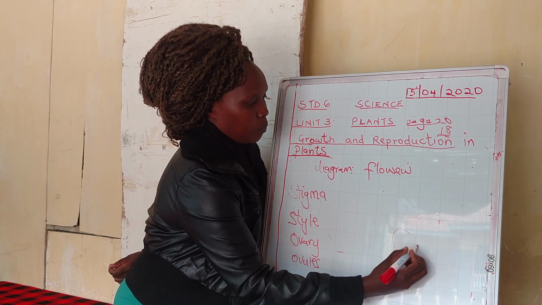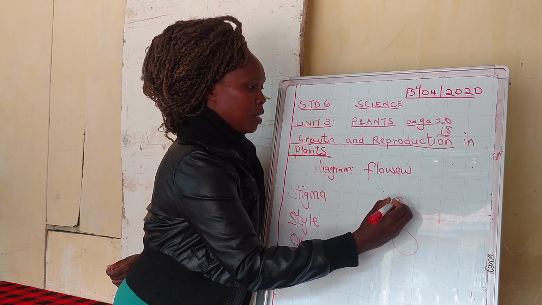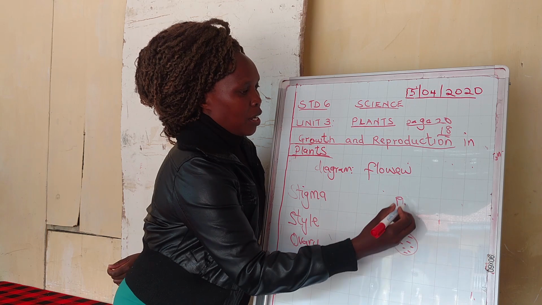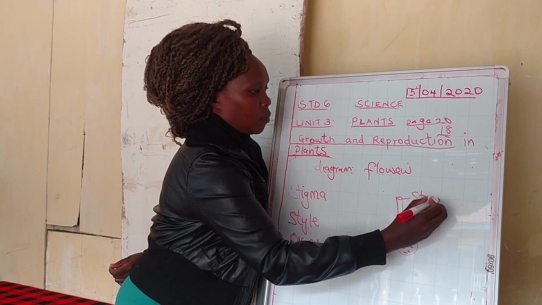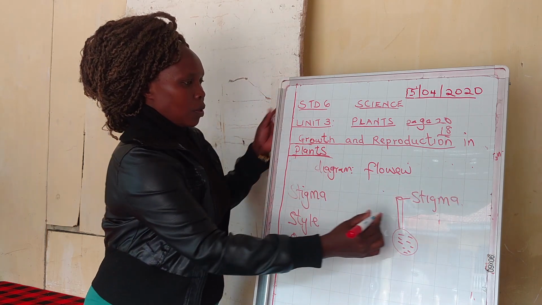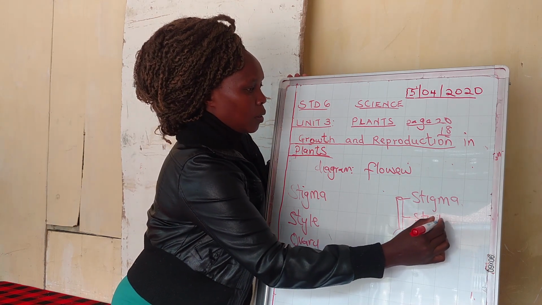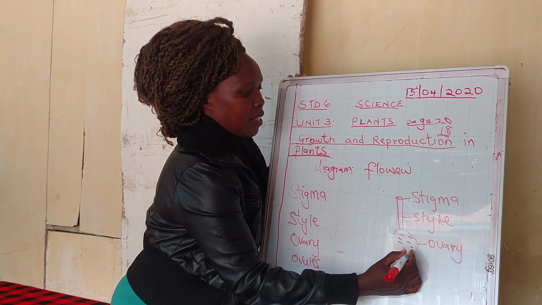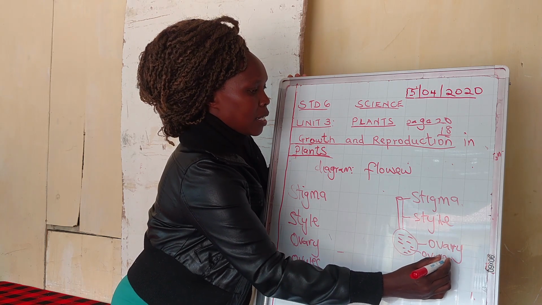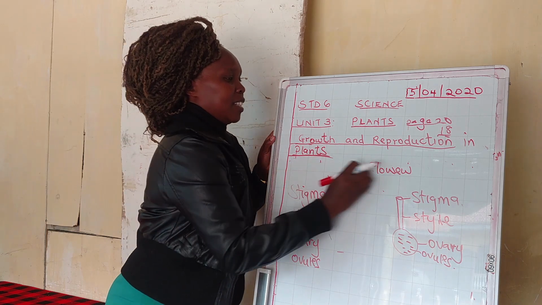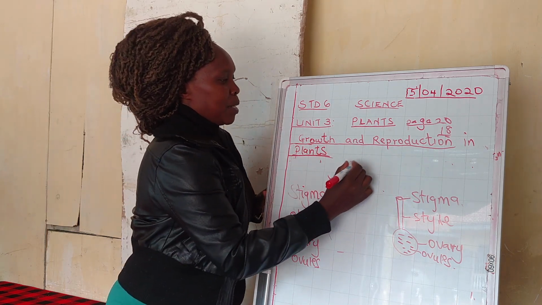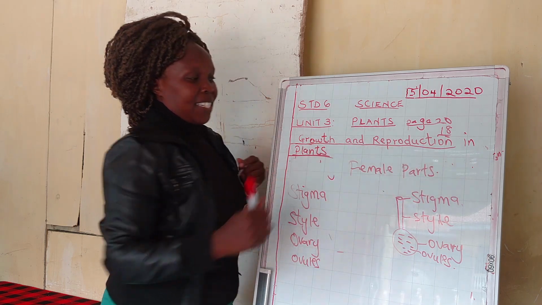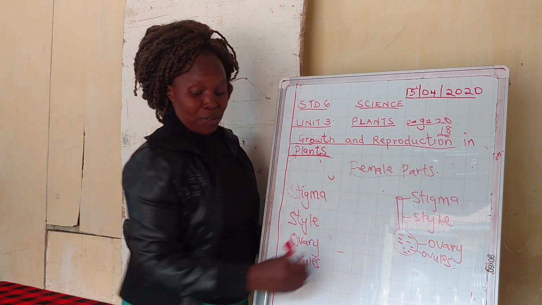We have the ovules inside here, the stigma, the style, the ovary, and the ovules, which are found inside the ovary. These are the female parts of a flower.